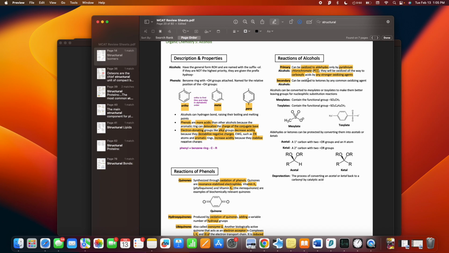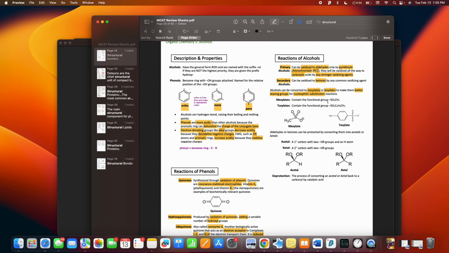Secondary alcohols can be oxidized to ketones by any common oxidizing agent. It doesn't matter. Alcohols can be converted to mesylates or tosylates to make them better leaving groups, LGs, for nucleophilic SN reactions.